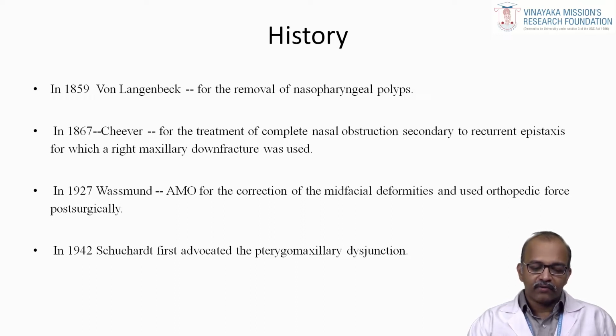In 1927, Wassmund did anterior maxillary osteotomy for correction of midfacial deformities by using orthopedic force. In 1942, Schuchardt advocated pterygomaxillary disjunction for total maxillary deformities.